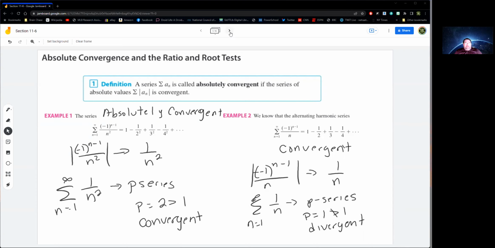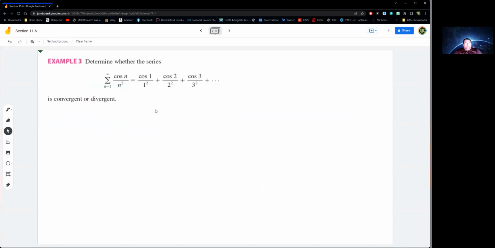So if we look at this example with cosine of n over n squared, this one right here is not alternating, but cosine does give me negative values because cosine goes positive and negative.